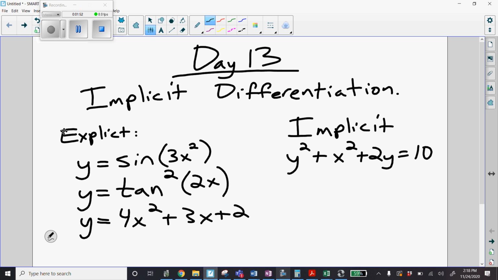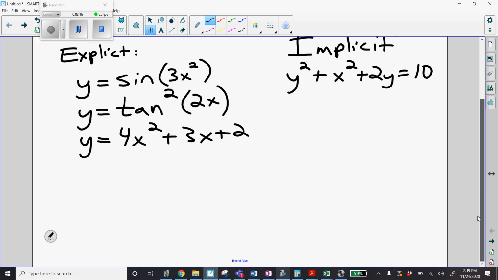Here we see a y squared and a 2y. And when we take a look at these, sometimes our equations here are functions, but oftentimes they're not. They are relations. So we just have to approach them a little bit differently, and we have some different rules. So let's take a look at some rules here.